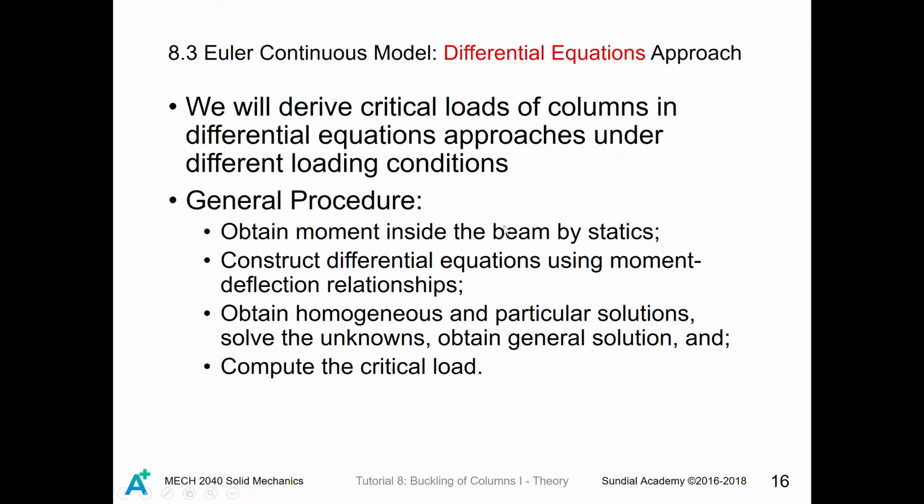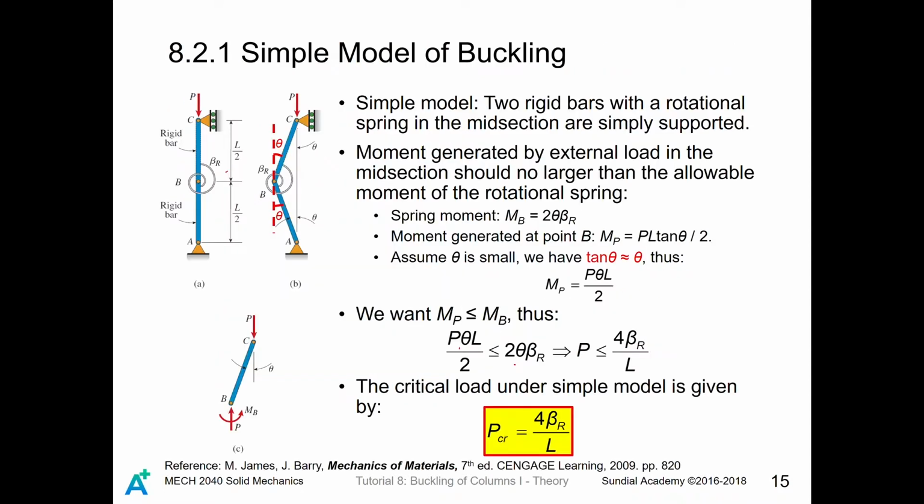Next, let's introduce another model, which is the Euler continuous model, using the differential equations approach. Now we are going to derive the critical loads by Euler's continuous model. Just now, we assumed there is a rotational spring in the midsection of this column, but in the real world, it is not common to solve the column critical load problem using the simple model due to its lower accuracy and deviation from reality.